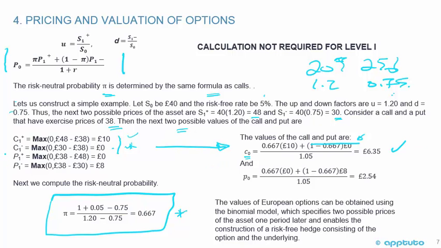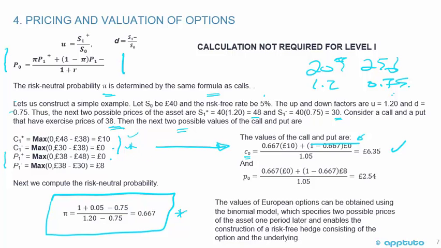This is a little bit new. So again, I have the right but not the obligation to sell at 38. So if the stock price goes up to 48, why would I sell at 38 if I could sell at 48, right? So we know that the value of the put is the maximum of 0 or the exercise price minus the price at expiration. So 38 minus 48 is negative.